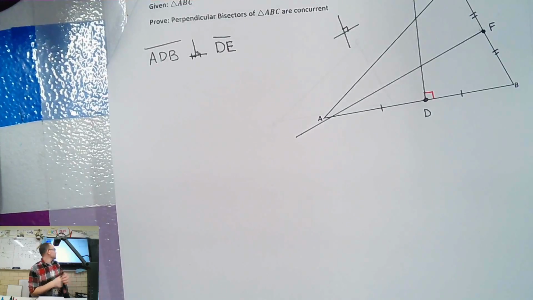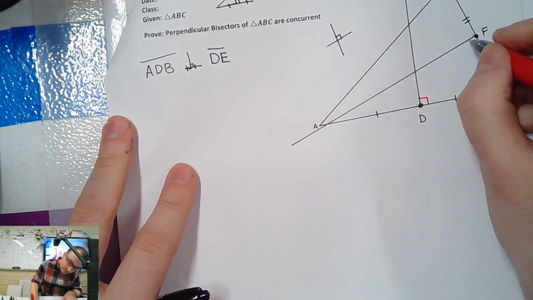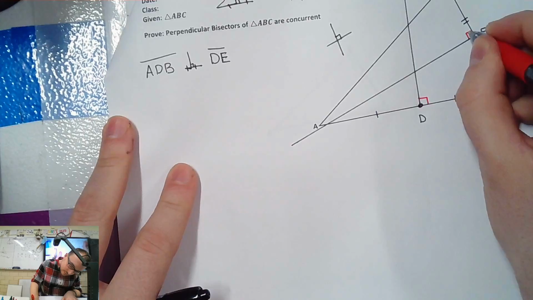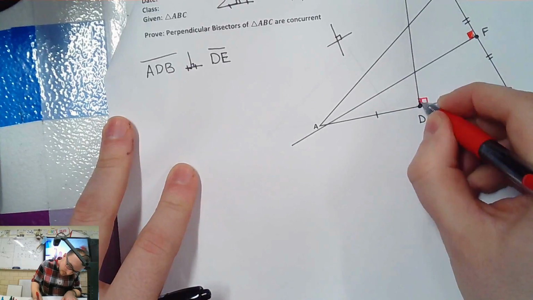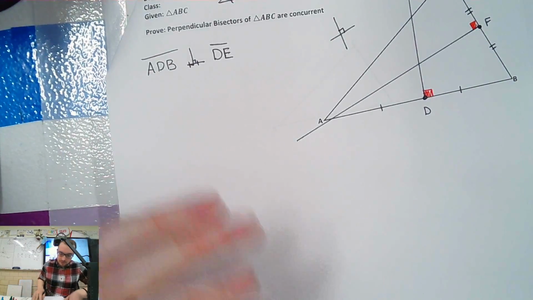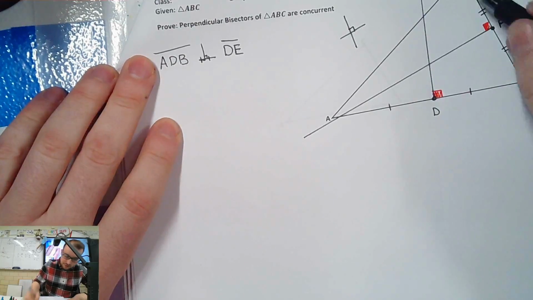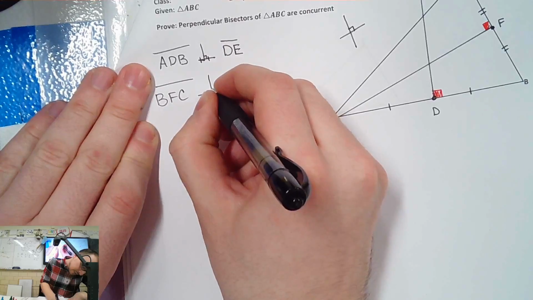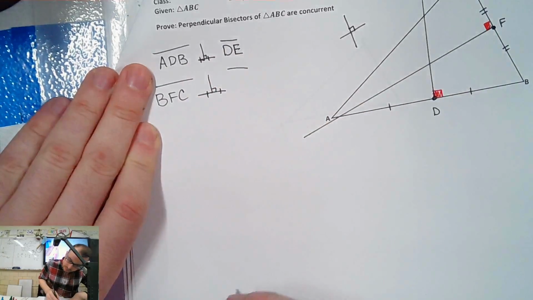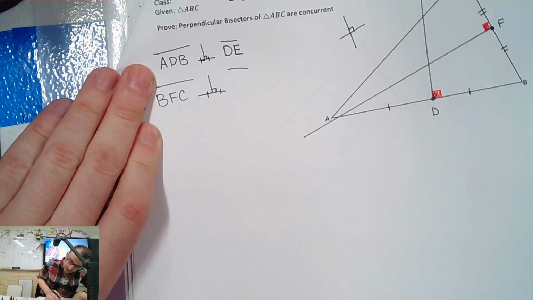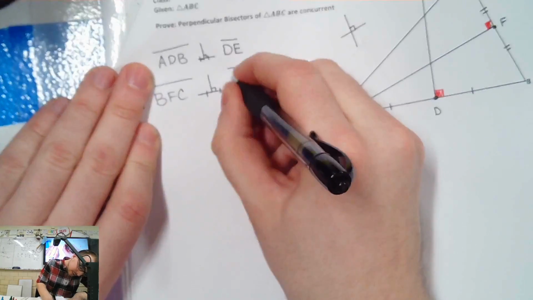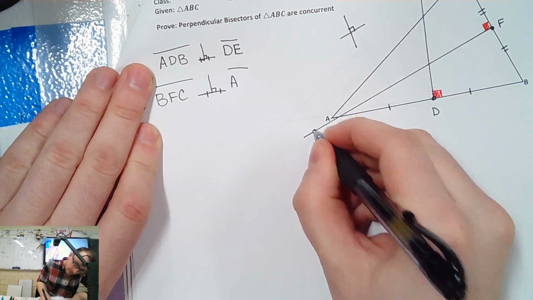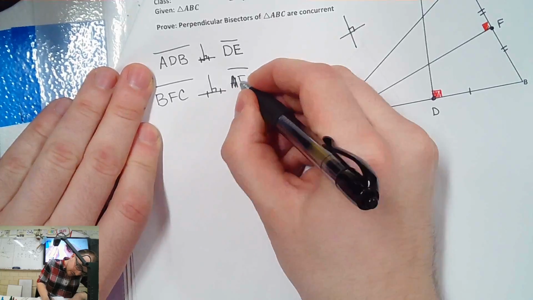Notice I didn't assume it went through A. So I'm going to say let BFC exist, and let it be the perpendicular bisector of AF, more or less. Wait, not AF. FG.